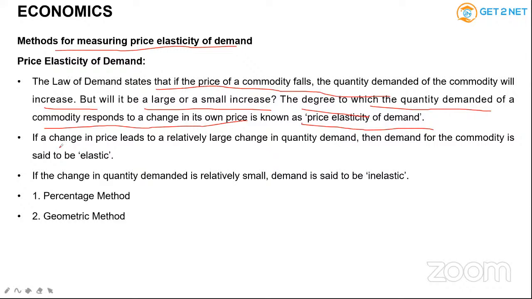If a change in price leads to a very large change in quantity demanded, the demand for the commodity is said to be elastic. If the change is very small, that is known as inelastic. There are two methods for measuring price elasticity of demand: the percentage method and the geometric method.